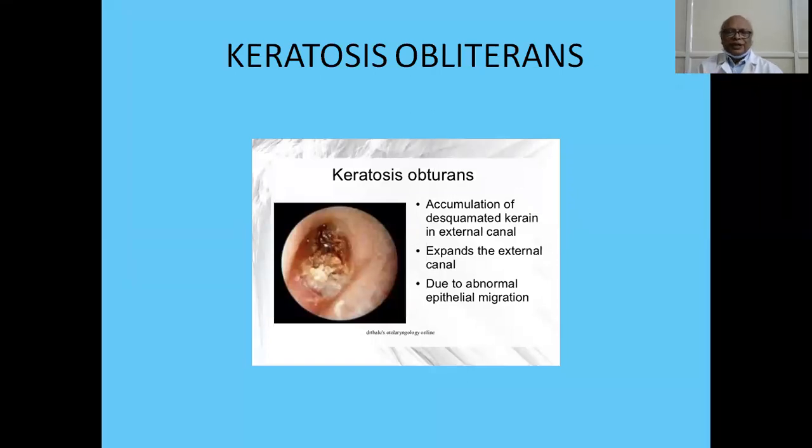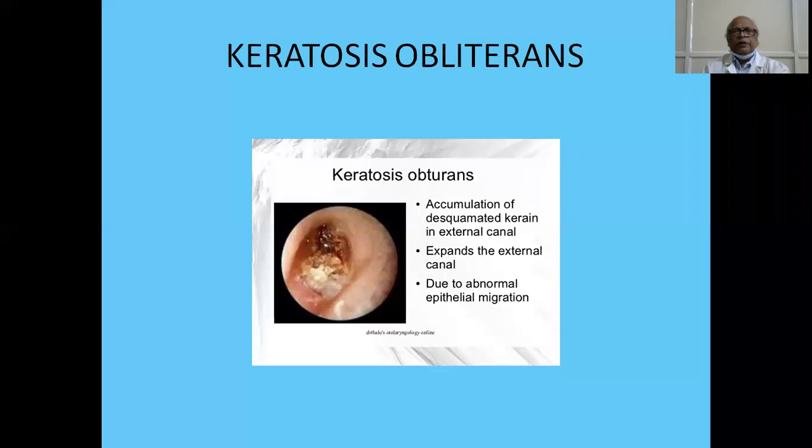Now, there is another condition called keratosis obturans. What is keratosis obturans? It is characterized by accumulation of wax, desquamated epithelial cells, granulation tissue, and some amount of cholesterol in the external canal, giving rise to agonizing pain.